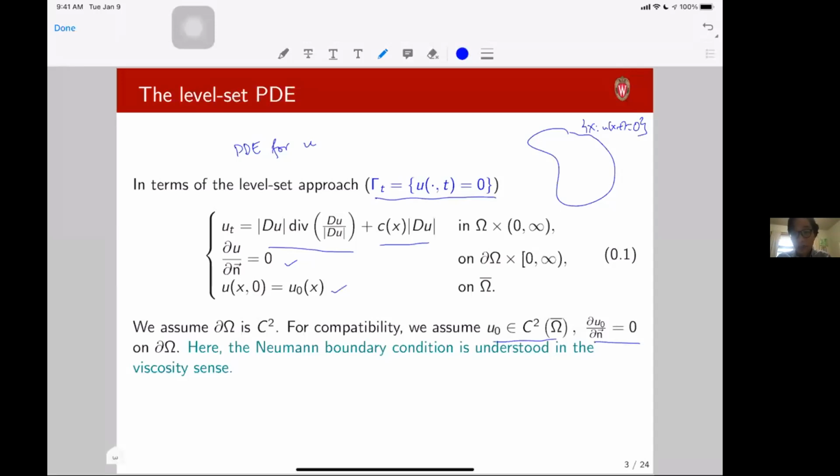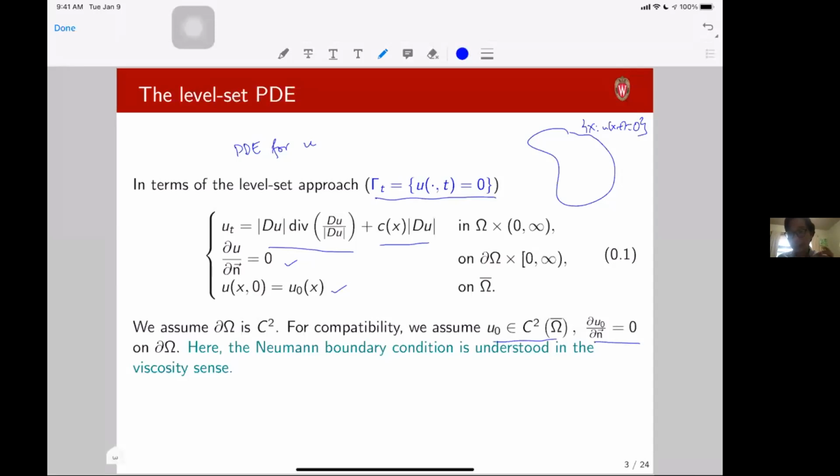And the Neumann boundary condition here for this irregular problem, for this Cauchy problem, is understood in the viscosity sense. So it's in the weak sense, and let me tell you why. As I said, as the surface evolves in time, there can be singularities.